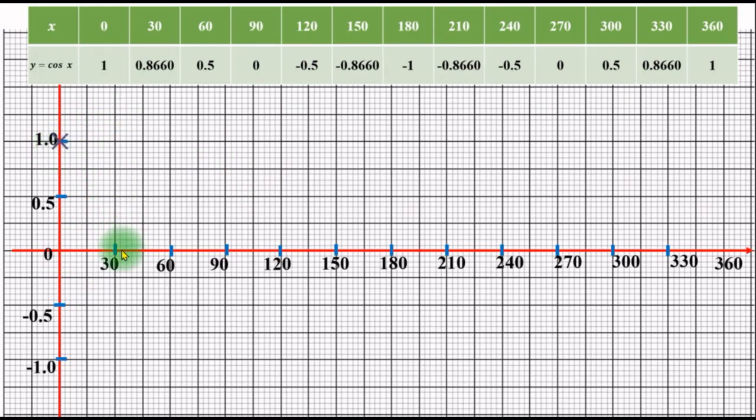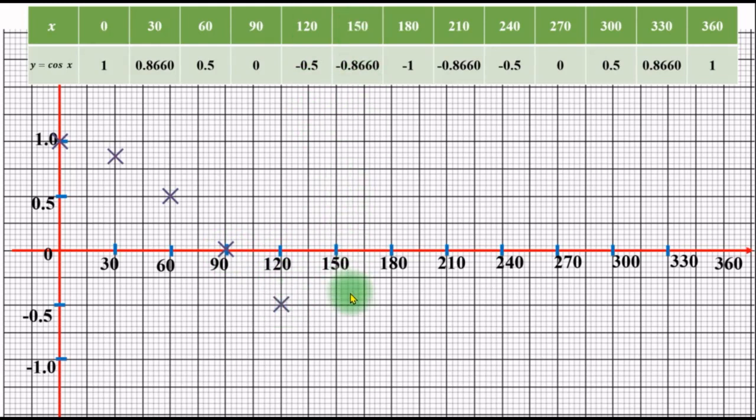When x is 30, y is 0.87 to 2 decimal places at that particular point. When x is 60, y is 0.5 at that point. When x is 90, y is 0, this point here. When x is 120, y is minus 0.5 at that particular point.